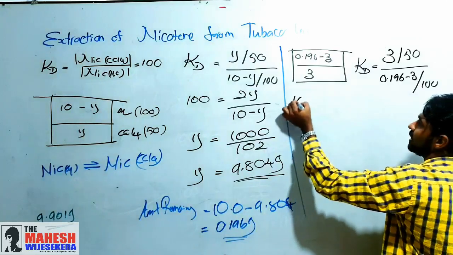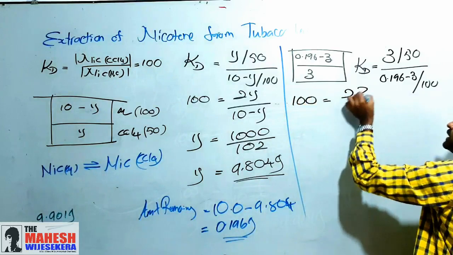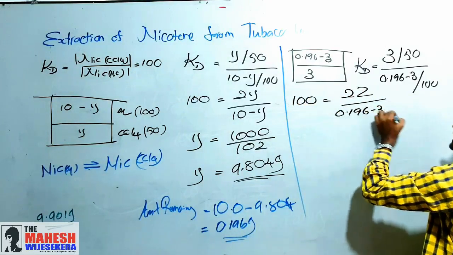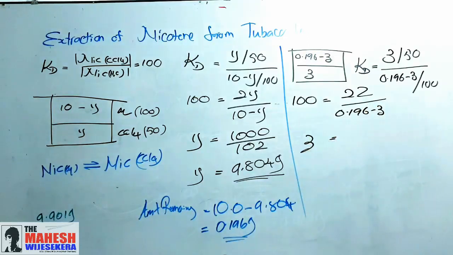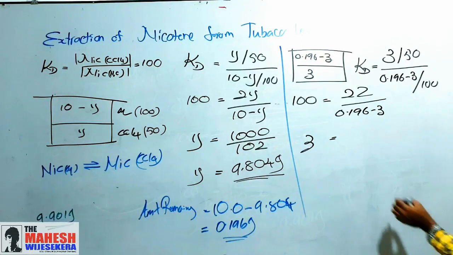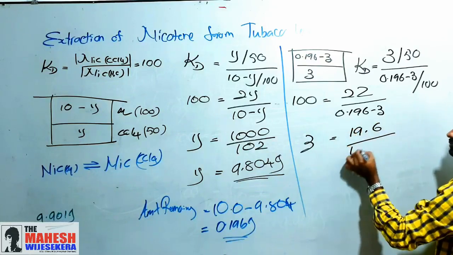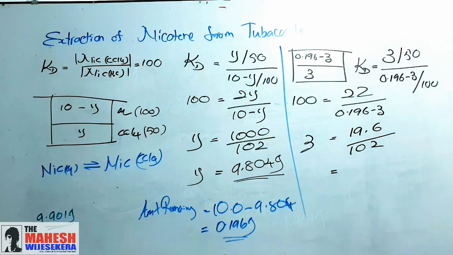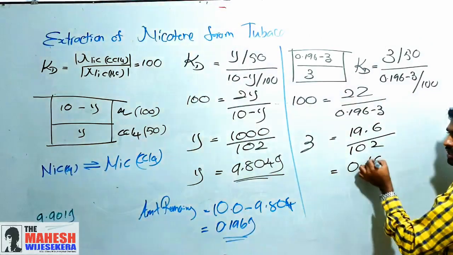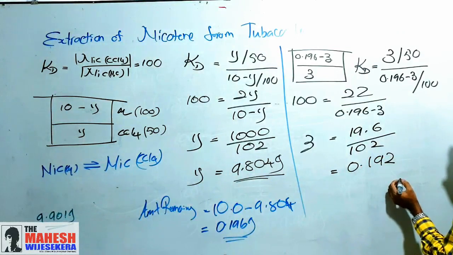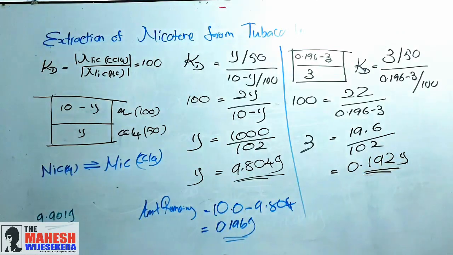So this is 100 equals 2Z divided by 0.196 minus Z. What is the value of Z? 19.6 divided by 102, which is 0.192. That is the amount that you can extract.